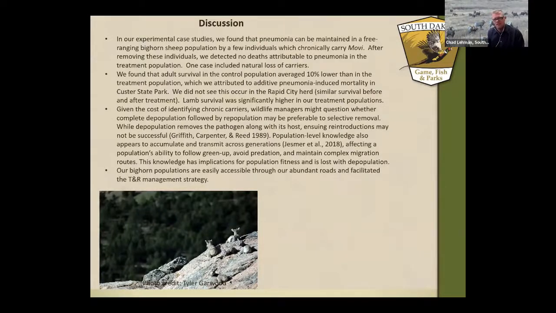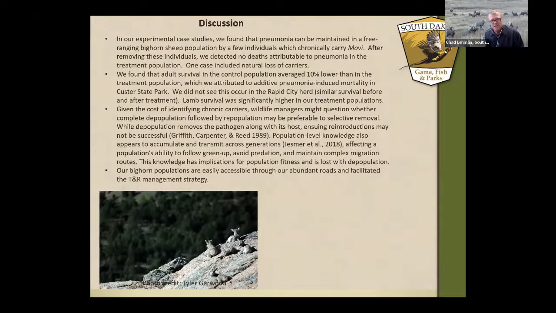They had much higher lamb survival the first year subsequent to the reintroduction, where the Badlands ewes only produced one lamb out of the 12 ewes that we brought in. Since that time, they have managed to produce more lambs, but I think it's important, if we can, to keep some of these older ewes with that population level knowledge in the herd.